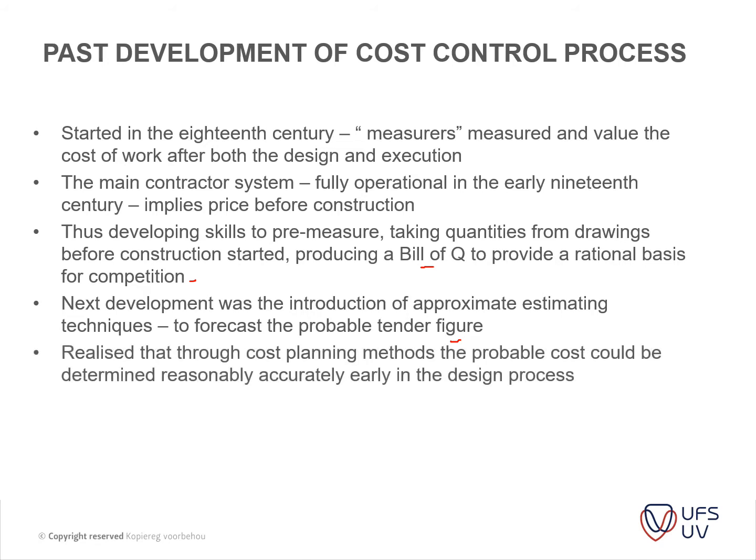The consultants and the whole team realized later on that through cost planning methods, the probable cost could be determined at a reasonable rate and relatively accurately early in the design process by applying the historical cost of previous projects to new projects.